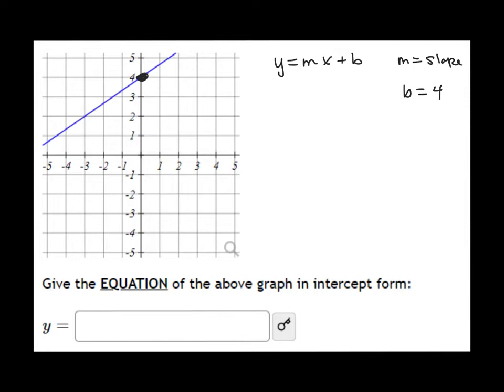Now, before we move on to the slope, just remember how the slope of a line works. If it is going uphill as you go from left to right, it is a positive slope. Downhill, it is negative. If you're on flat ground, it is a 0 slope. And if it's straight up and down, the slope is undefined.